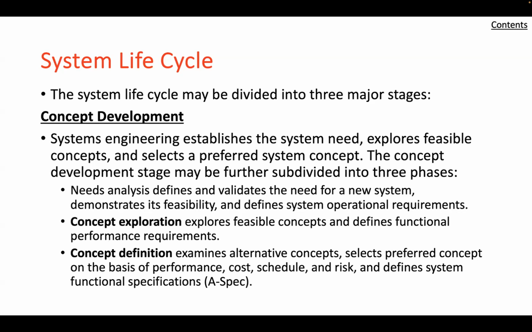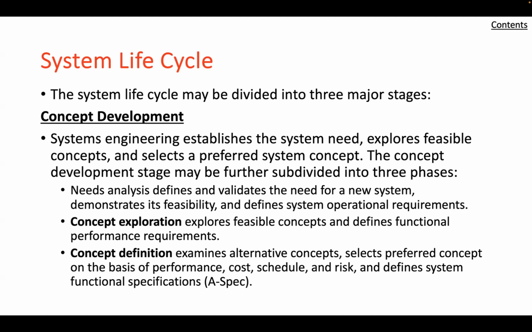So for the system life cycle, the concept development phases, while the three stages described above constitute the dominant subdivisions of the system life cycle, each of these stages contain recognizable subdivisions with characteristically different objectives and activities.